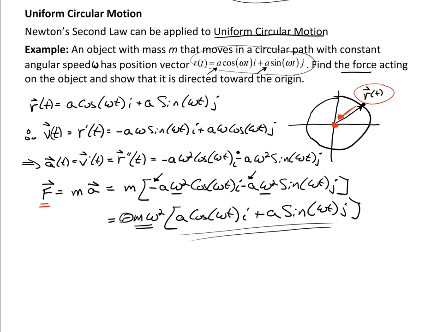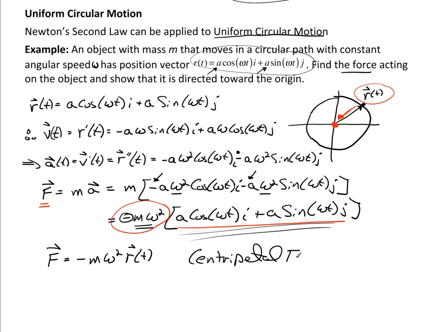It is the original position vector scaled by this value. So I could actually rewrite this as force is equal to negative m omega squared r of t. This force that's acting in the opposite direction is called centripetal force.